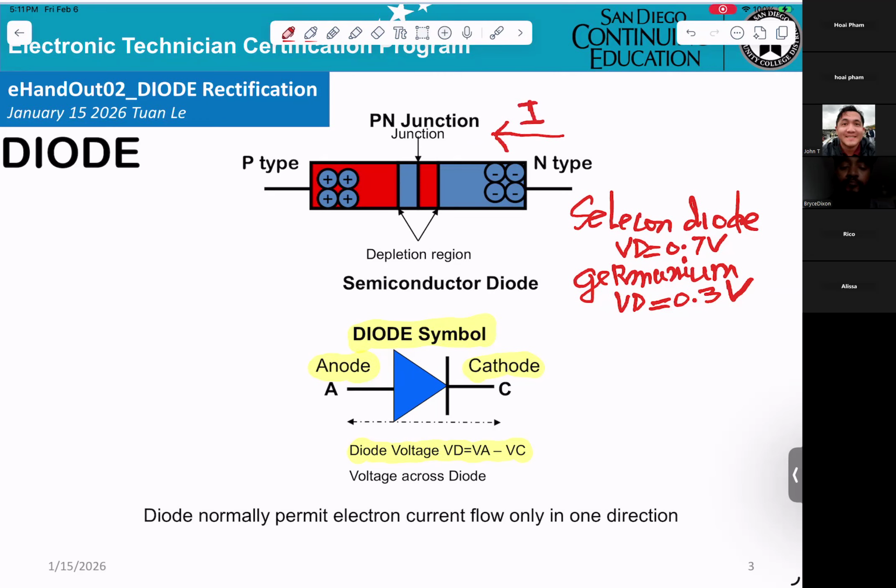The current I is flowing. Normally, you can see we draw a different way. Now, what that means? In the textbook, normally they draw this way. That's just telling you electron moving.